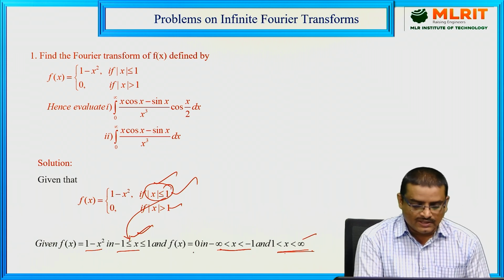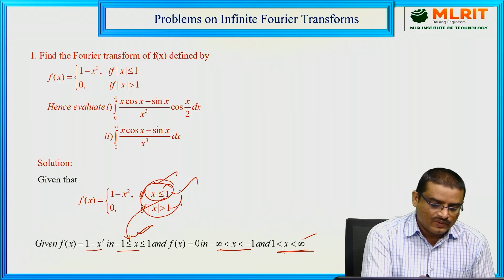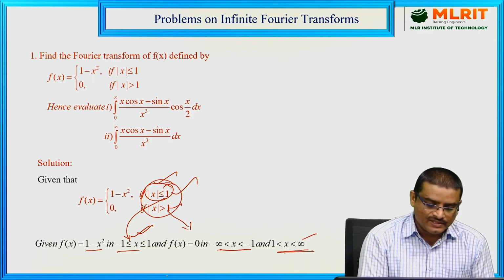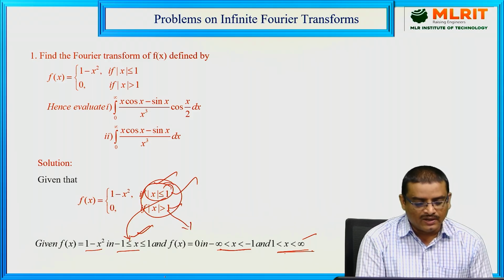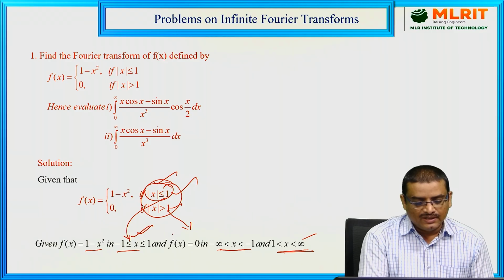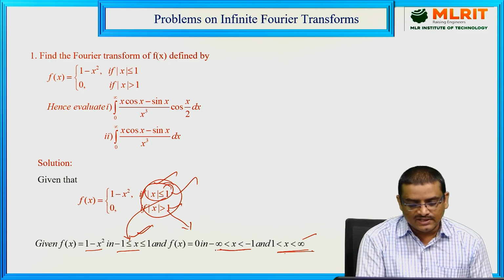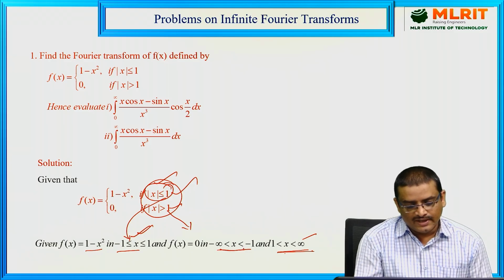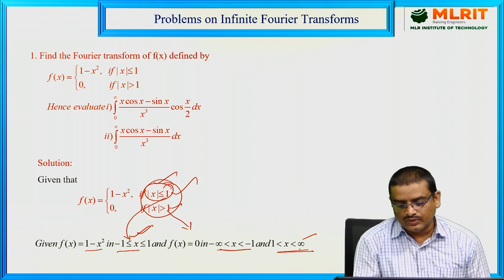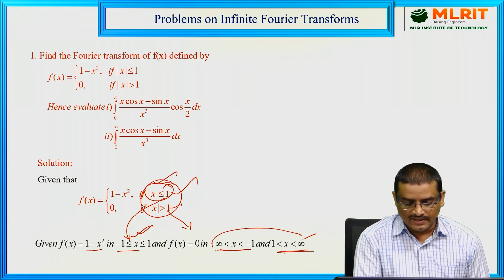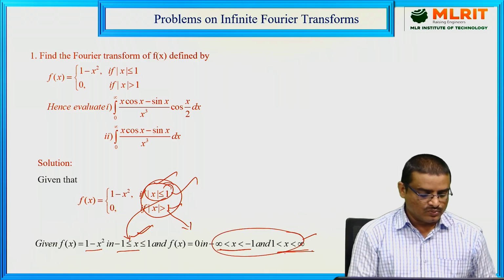Mod x greater than 1 represents that x takes the values from minus infinity to minus 1 as well as from 1 to infinity. These are the conditions we have to remember for mod x greater than 1.